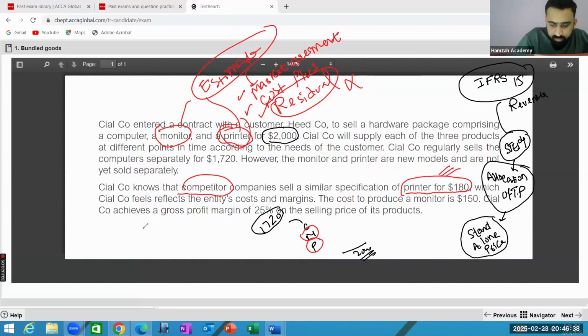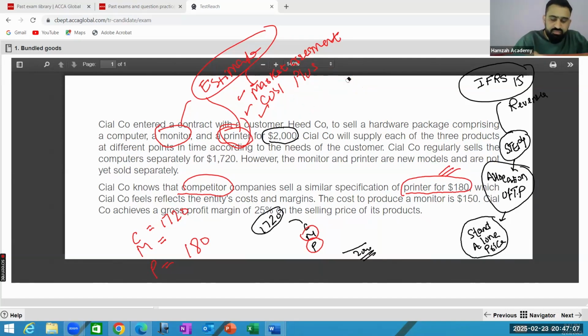So now we have the standalone price of a computer, which is 1720, and the standalone price of a printer, which is 180. We are left with only the standalone price of the monitor. For the monitor, in this question, we can use a cost plus approach.